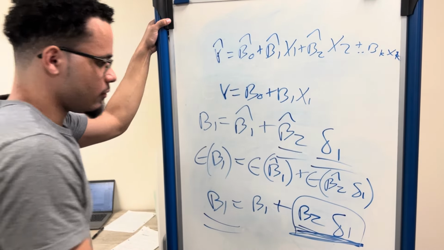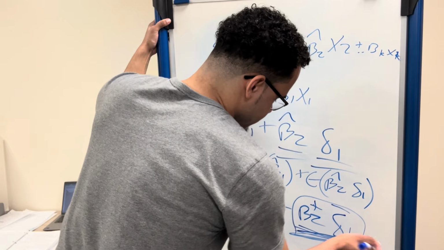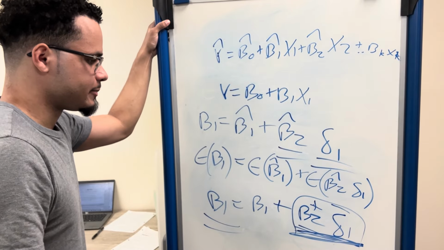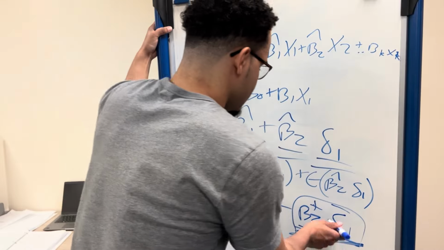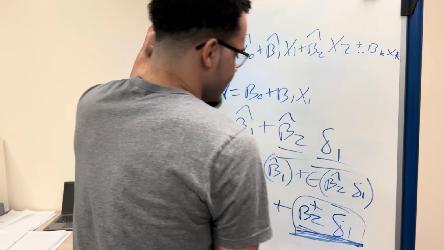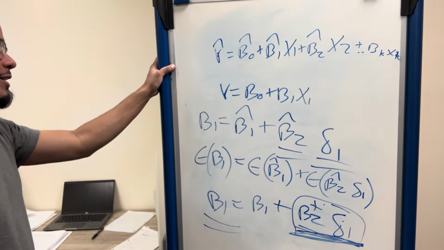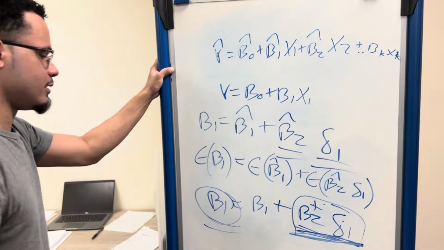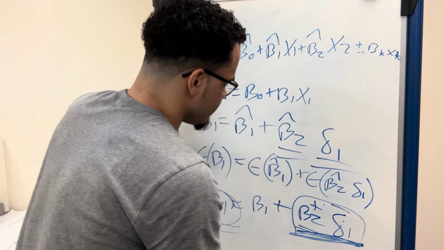We want to figure out if this is positive or negative, or if these are both negative, and how that influences our beta 1 parameter. Particularly, if this is negative and this is positive, then this whole thing comes out to be negative, and that effectively pulls down on our beta 1. Or it could be positive and it brings it up.